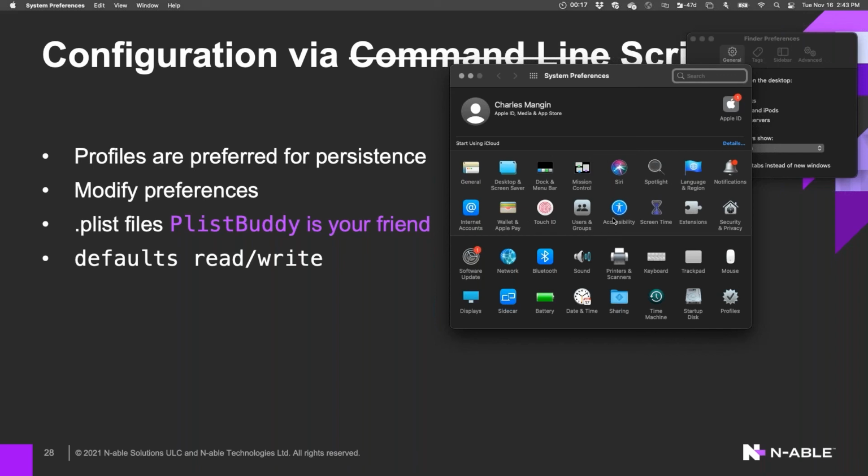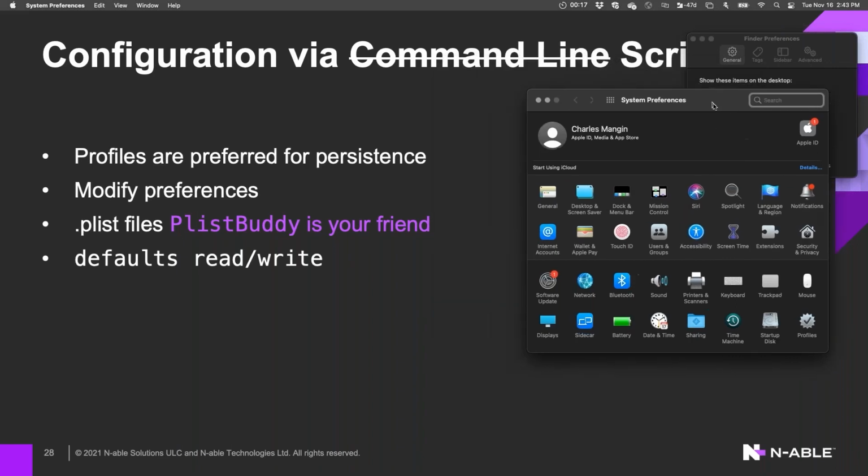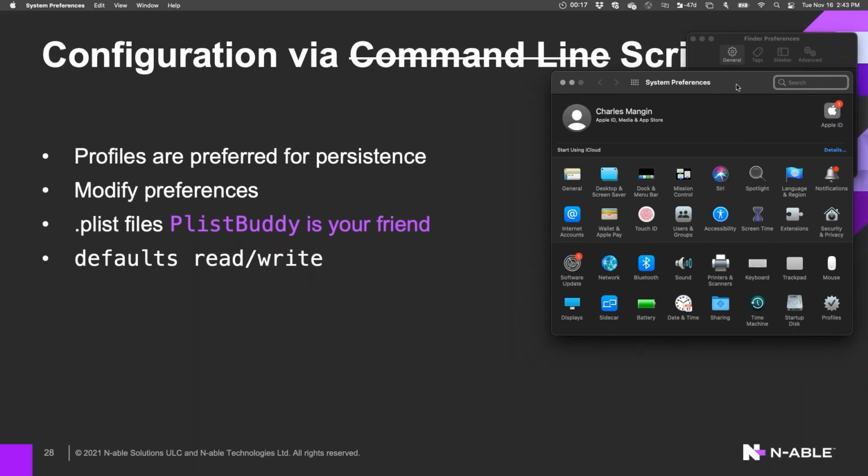Now, the preferred and proper process for preparing a permanent and persistent preference is with profiles, and that is something that is going to come up more and more as we add functionality to N-central with things like Apple Business Manager pushing out profiles.